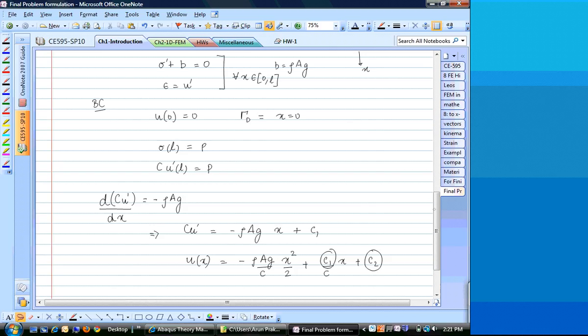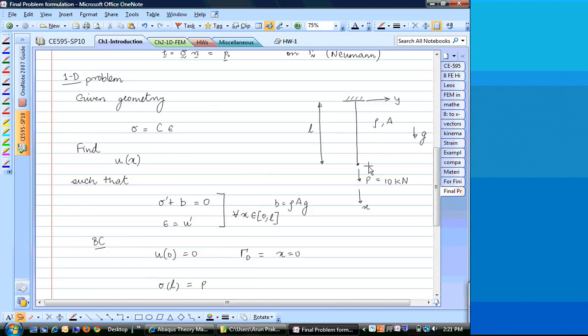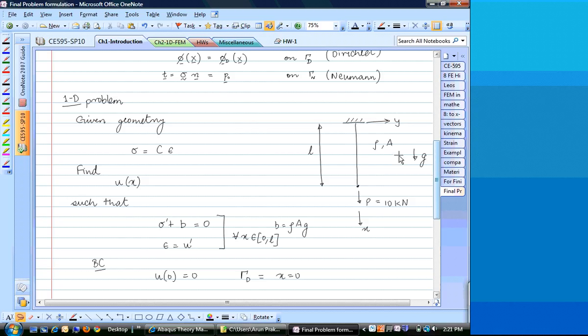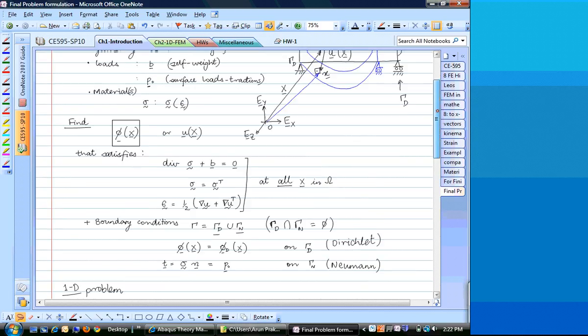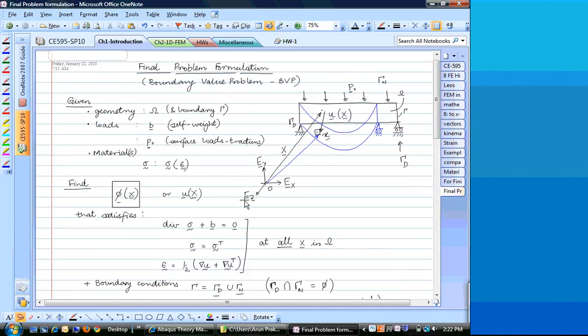Since this is such a simple problem, we are able to find an exact solution. Considering this is not the exact solution to the real physical problem, this is the exact solution to the mathematical model. But going back to this, we cannot in general just integrate it and find these exact solutions.